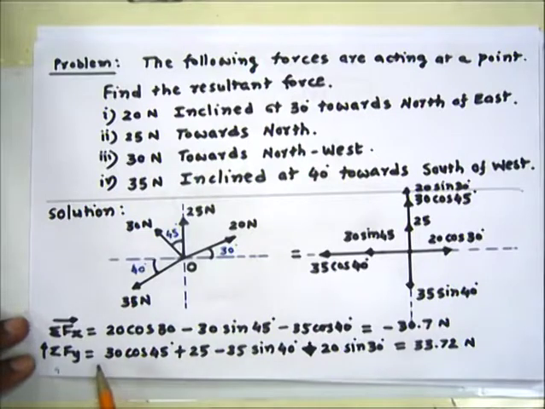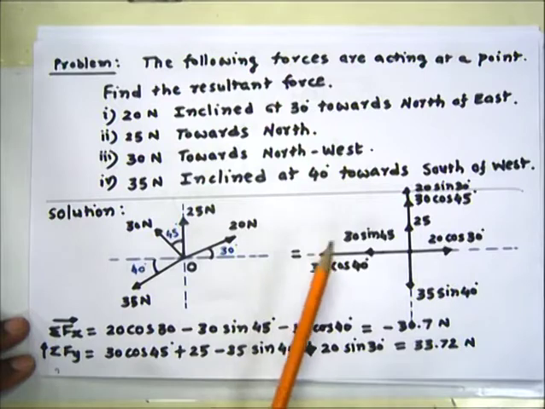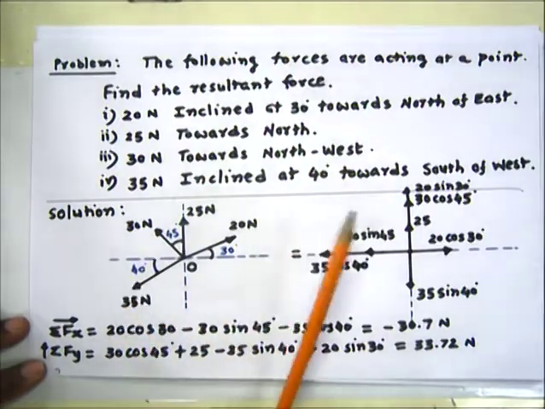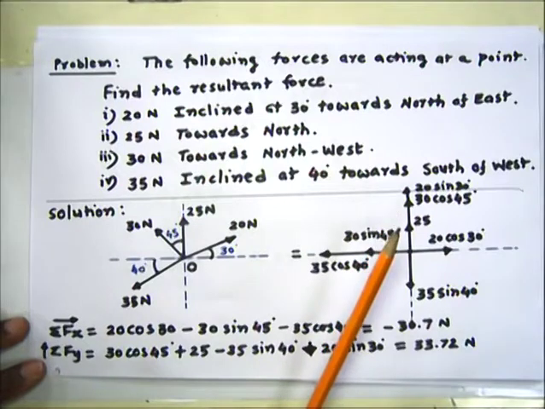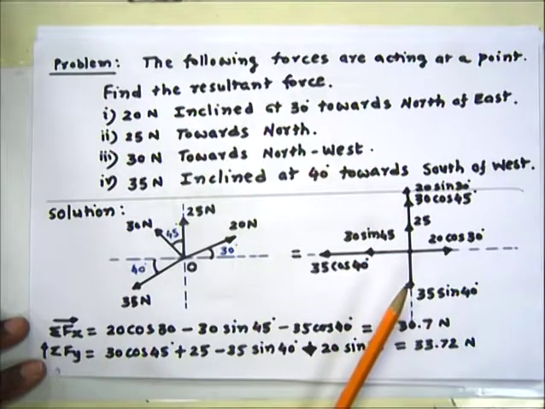Then sigma Fy, considering vertical upward sign is plus, and here you see in the x direction there are values 1, 2, 3, 4.